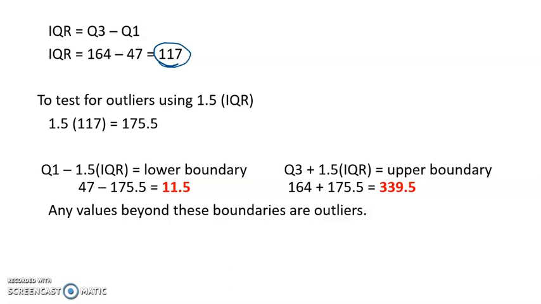And our next step is to subtract that value, that 175.5, from the lower quartile, and that gives us our lower boundary. And then to add that to the upper quartile to get our upper boundary. Let me check the arithmetic here.